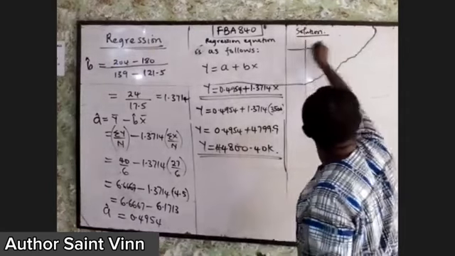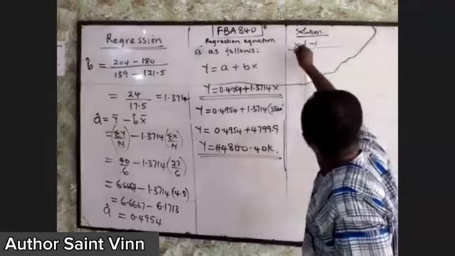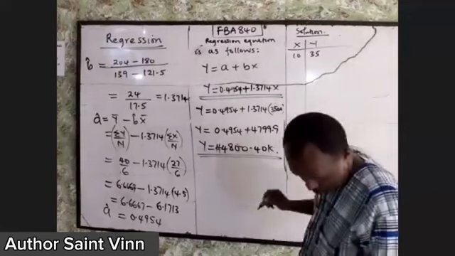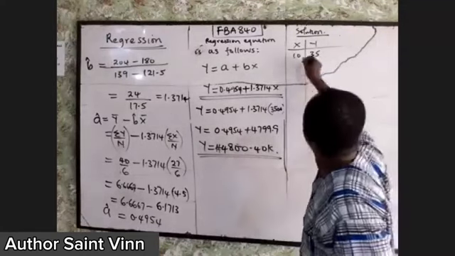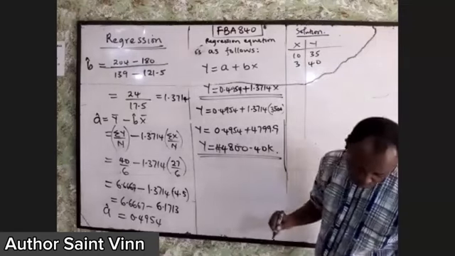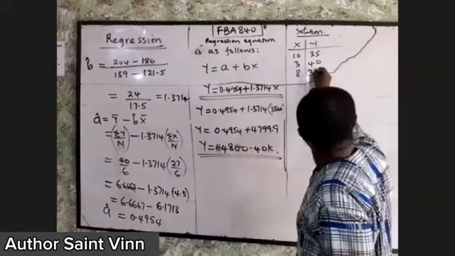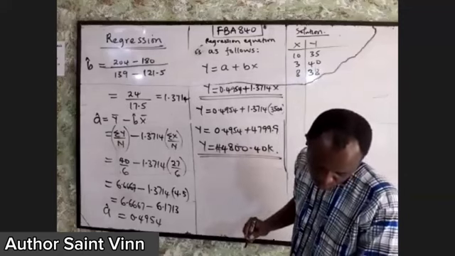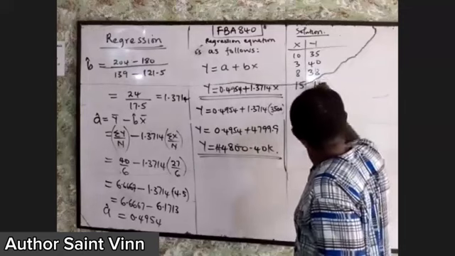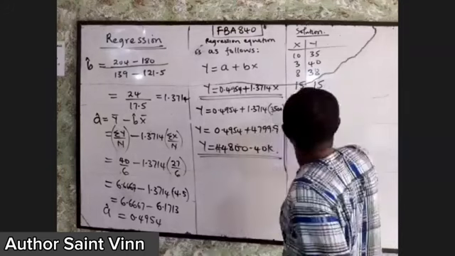We have x, we have y. X is 10, 3, 8, 15, 15 and y is 35, 38, 10, 32.